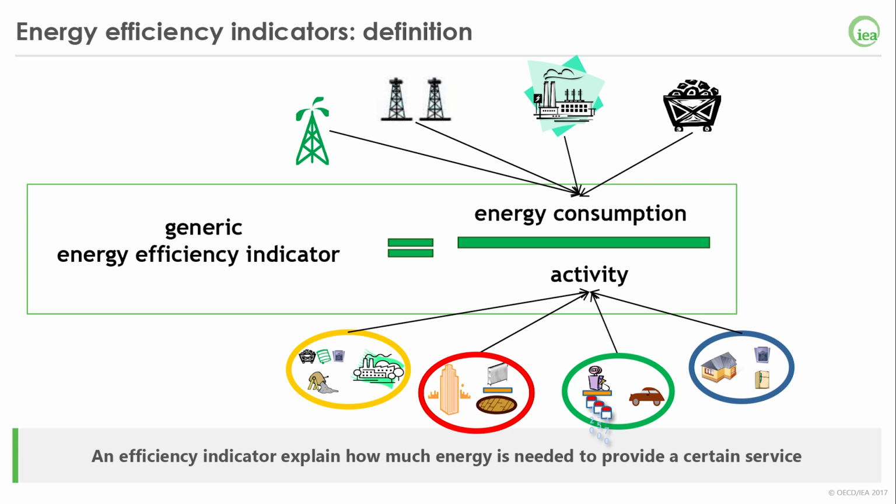The activity data are sector-specific. It could be a physical production of certain commodities like cement or steel, floor area, or the distance traveled by a vehicle. Now, I will go sector by sector to show you what type of energy consumption and activity data can be useful to create energy efficiency indicators.